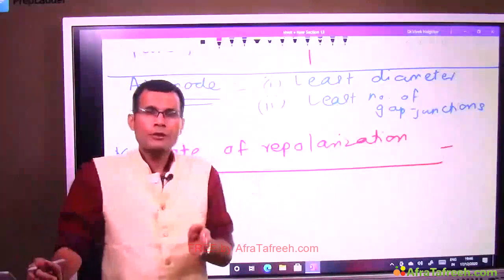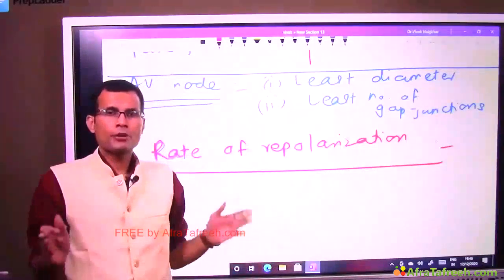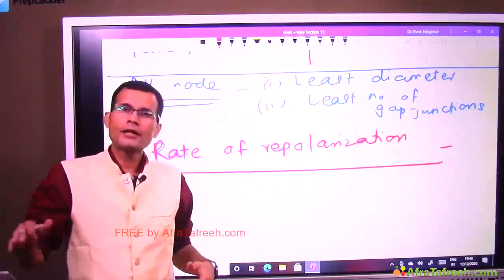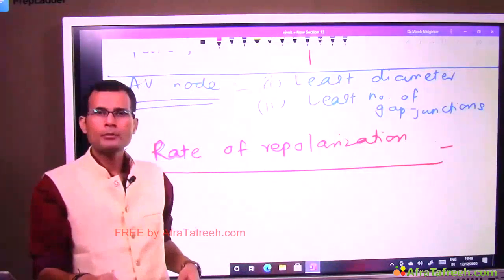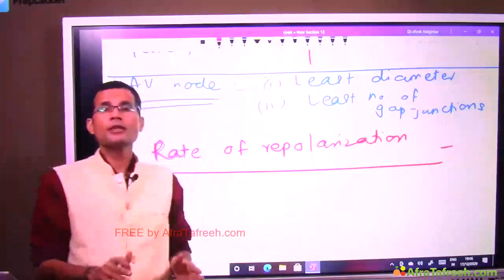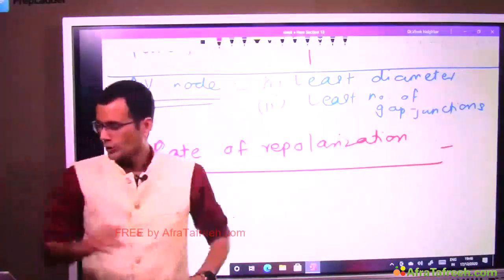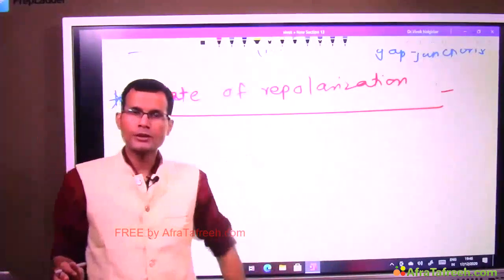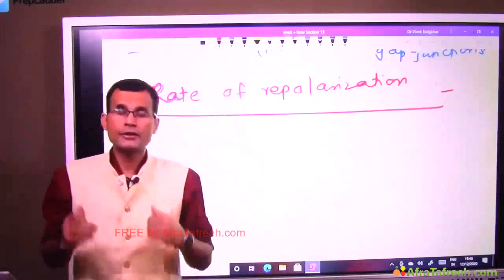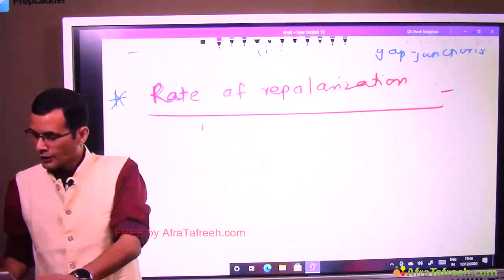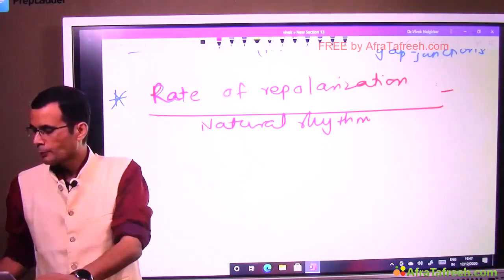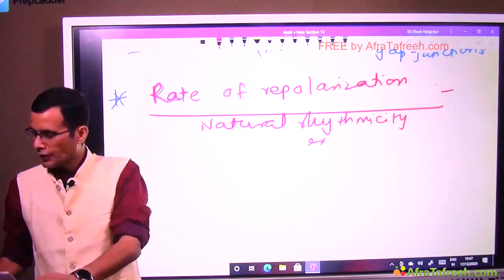And if a part is taking longer time for repolarization and recovery, then it can be excited at lower frequency per minute. Its natural rhythmicity will be lower. So, the rate of repolarization of any part in the conducting system determines the natural rhythmicity of that part, natural excitability of that part.